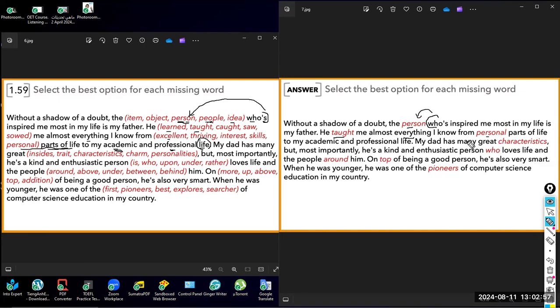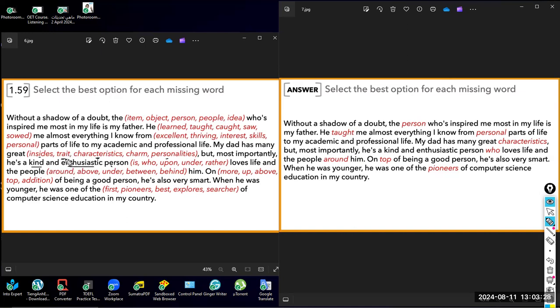My dad has many great characteristics. Now, if you want to ask me why I chose characteristics, not charm, for example, or personalities, or maybe trait, or insight, because I have two examples about characteristics. I have enthusiastic. This is the first characteristic about my father, and this is kind. So these are two examples about characteristics.